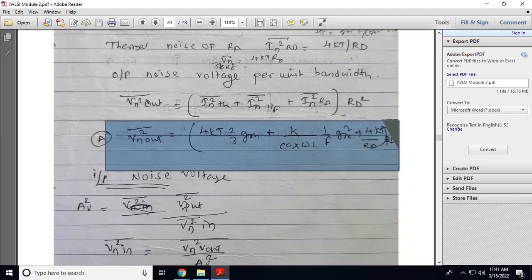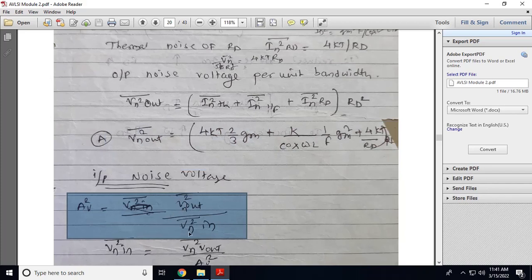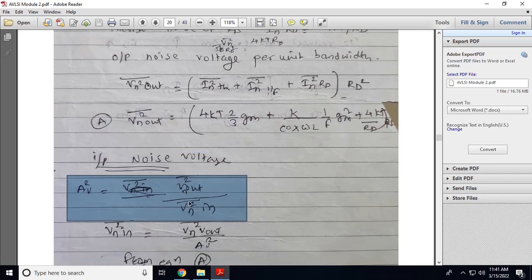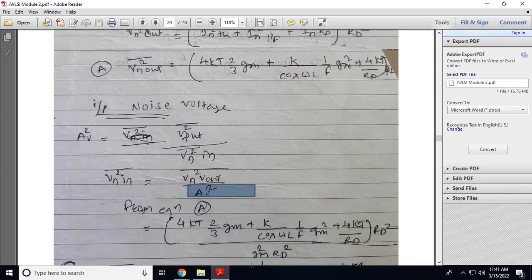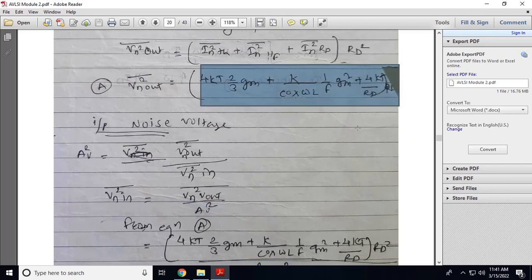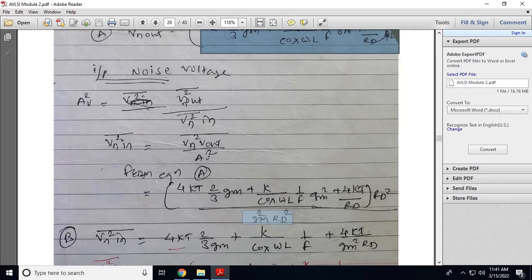Now we have to find the input noise voltage. The voltage gain is equal to output by input, so we take the square for the noise. From this equation, the input noise voltage is equal to the output noise voltage divided by the voltage gain equation. The voltage gain for the common source amplifier is gm into Rd, so we take the square, gm square into Rd square.